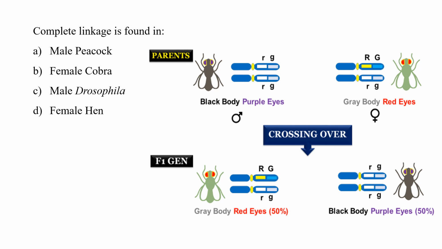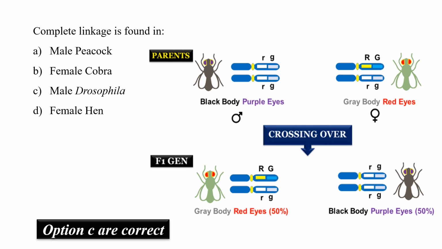When crossed, they give the F1 generation, which is 50% parental, no recombinants are formed. This type of linkage is extremely rare and found only in the case of male Drosophila and female silkworm. As the male Drosophila is given in the options, the correct option will be option number C, male Drosophila.